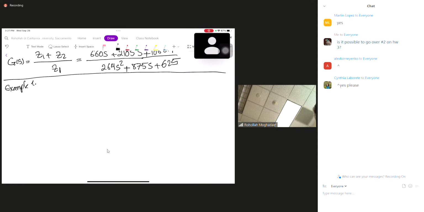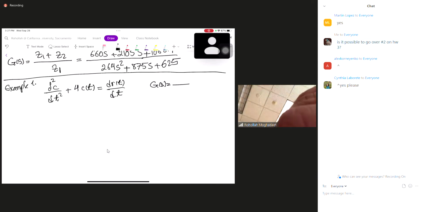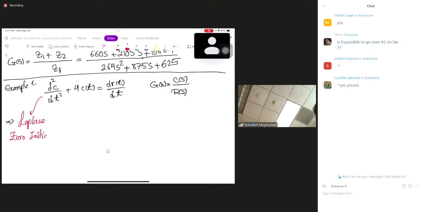We have a differential equation: d squared c over dt squared plus 4 c of t equals dr of t over dt. So the goal is to find G of s, which is C of s over R of s, right? So the first step is to take the Laplace transform under 0 initial conditions, right?